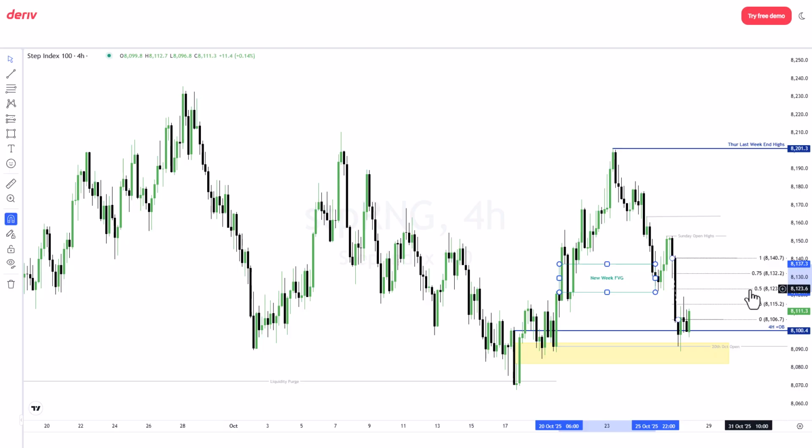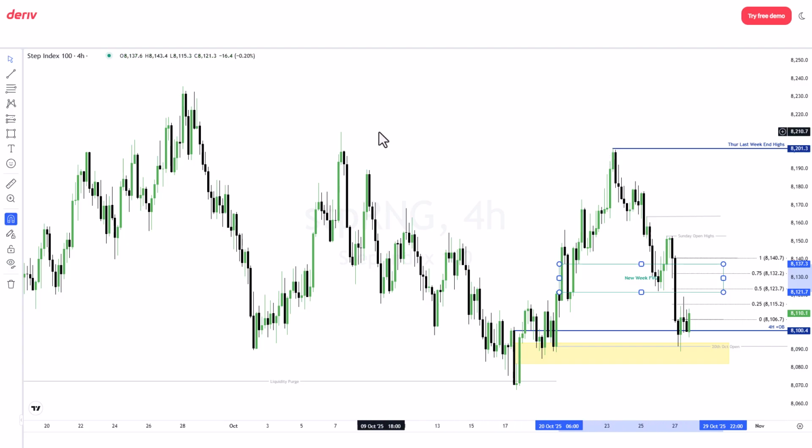Okay, the upper quadrant, pairing it with the new week fair value gap, it would be a good idea to go up and attack the Sunday's opening price. We want to see price action getting above these relative equal highs and these ones as well. So this is algorithmic price signature number 1 and this is number 2.